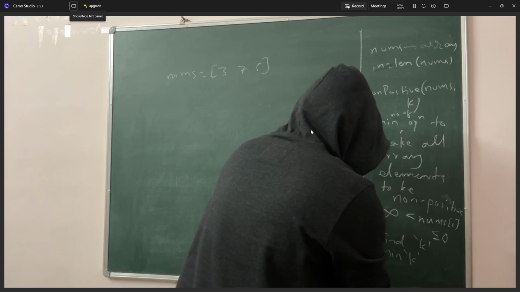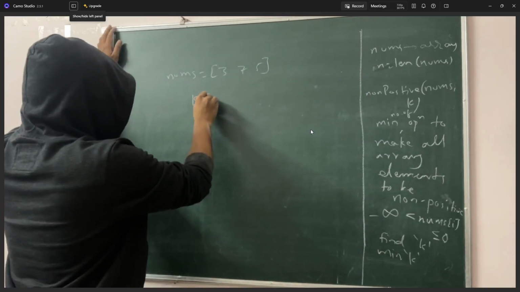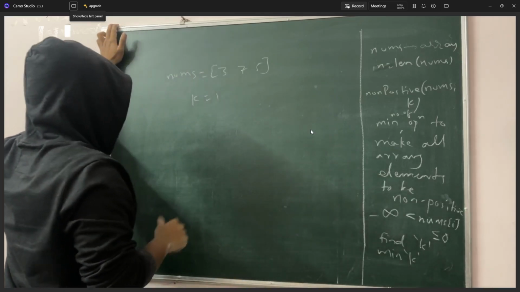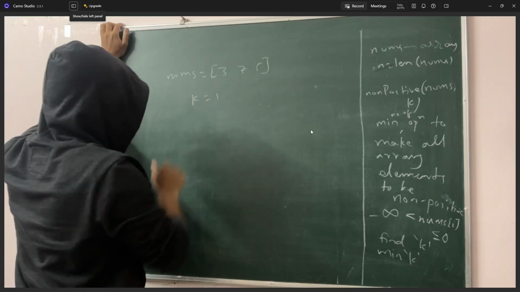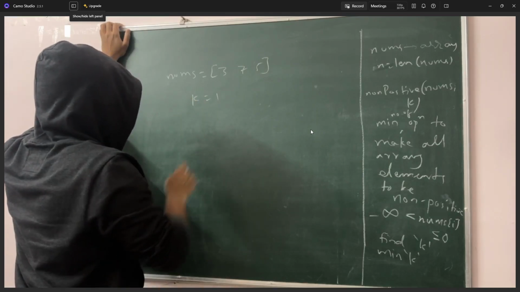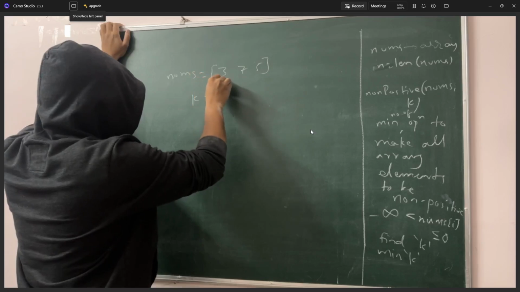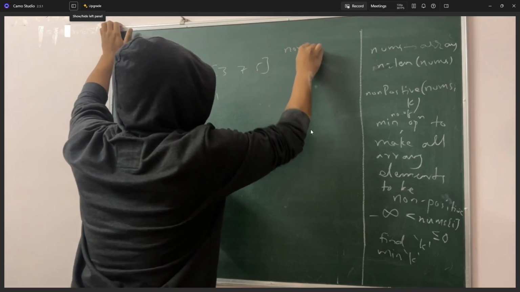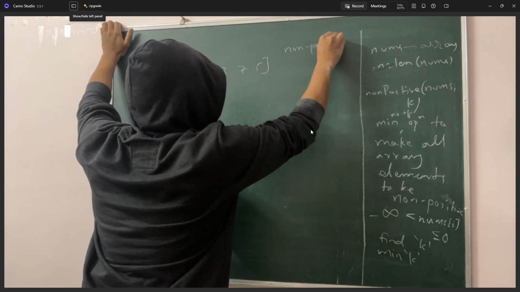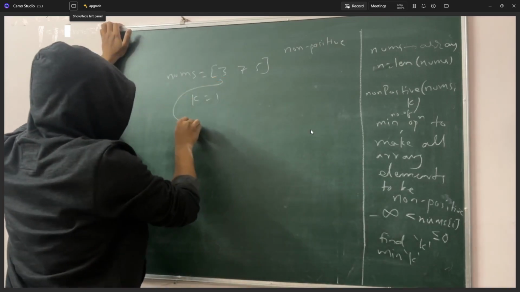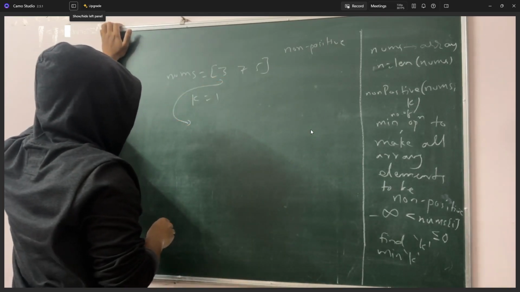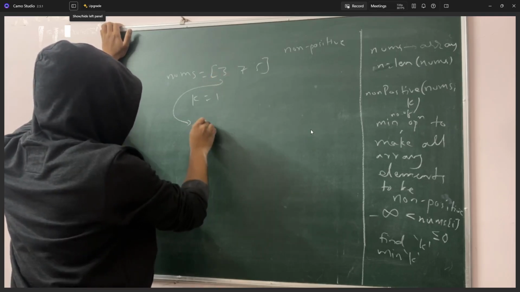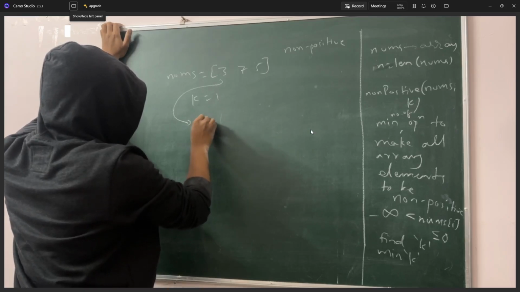I will try to choose k equal to the smallest one, because they have asked for the minimum k. When I choose the smallest one, we have to make all the array elements non-positive. In one operation you can choose any index and reduce that array element by k.